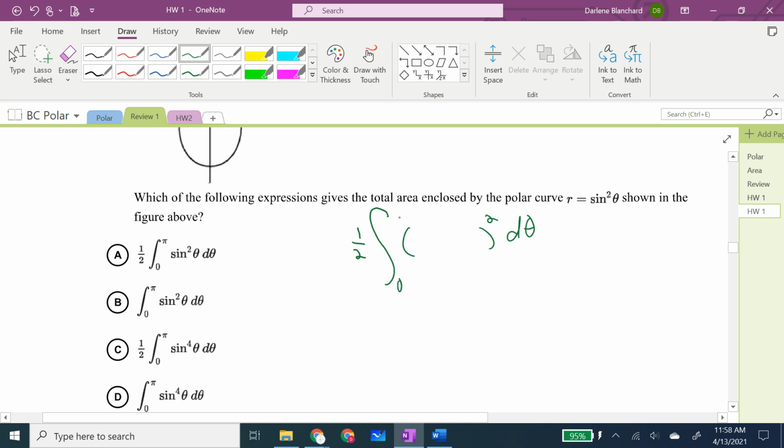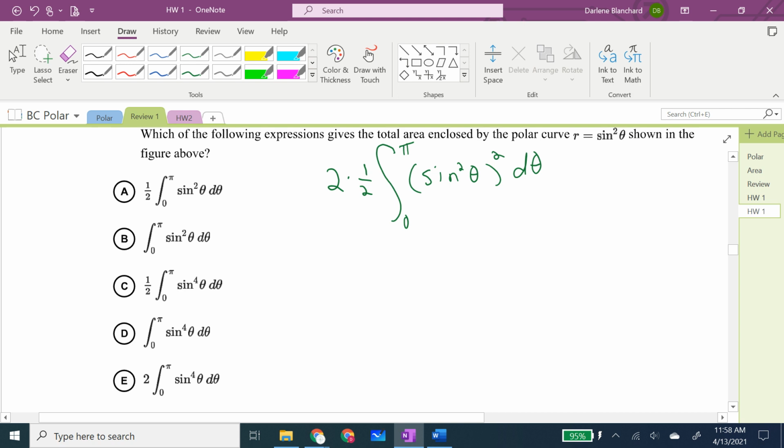But if I only go from 0 to pi, then I'm going to double my area, and my r is sine squared theta. And then I look around and I see, oh, hey, probably that answer.